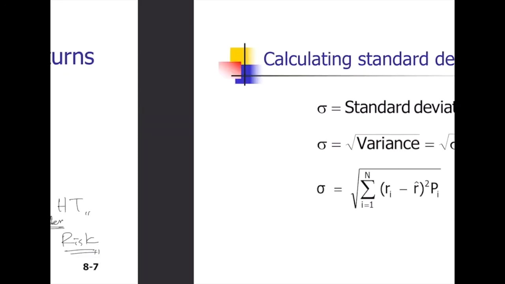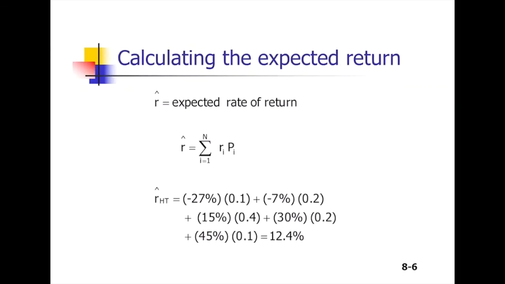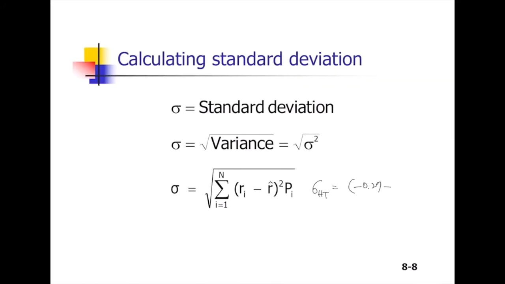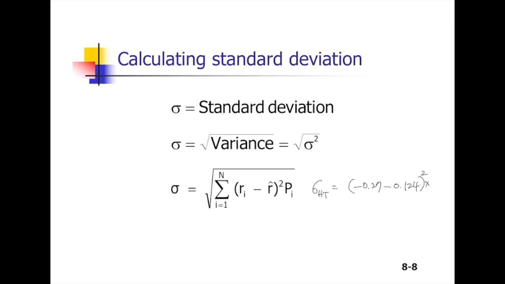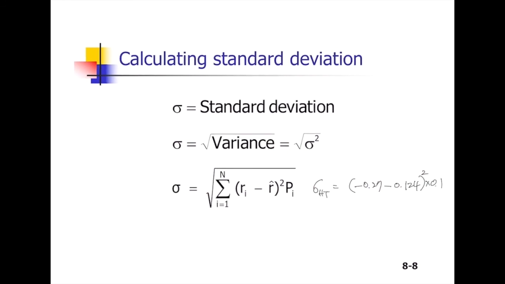R hat we already calculated on this slide, right? So input the numbers: 0.124, and power of 2, then multiply by pi. In this case, we calculate the market recession. When the market is in recession, the probability is 0.1, right? So write down 0.1.